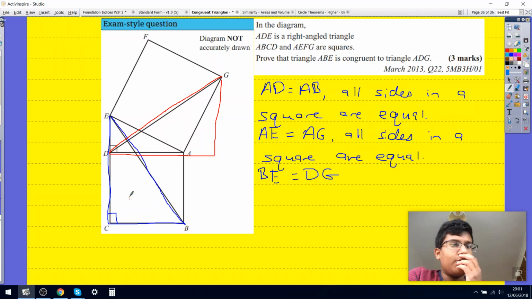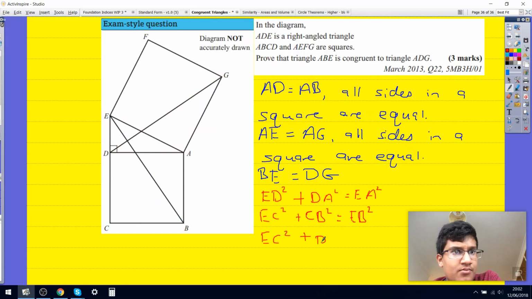So I'll put DA squared there. So EC squared plus DA squared equals EB squared. I think it's something along those lines. So this squared plus this squared is equal to the one we want squared.